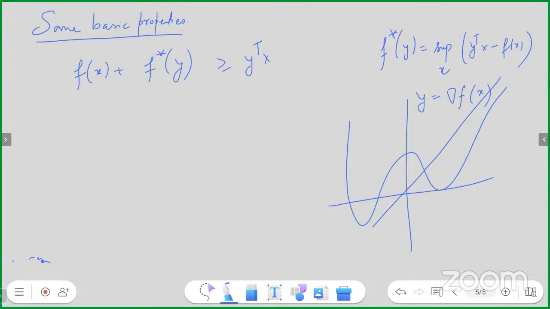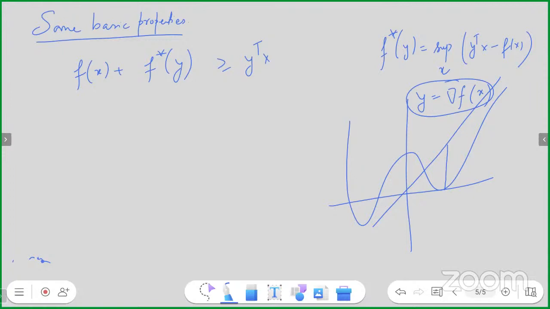I can't erase it. What is that line I'm drawing? This is a y transpose x line for a fixed y. Now, what was my f star of y for a particular y? So now the fact that this relationship holds for a differentiable f, what does it mean in terms of this picture?